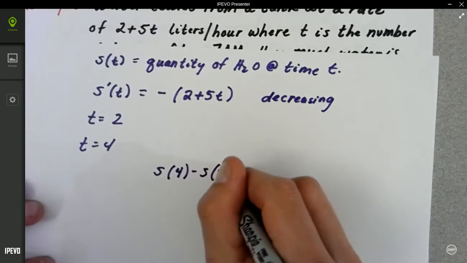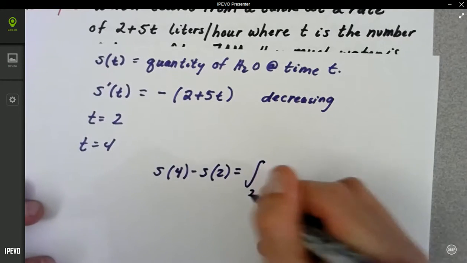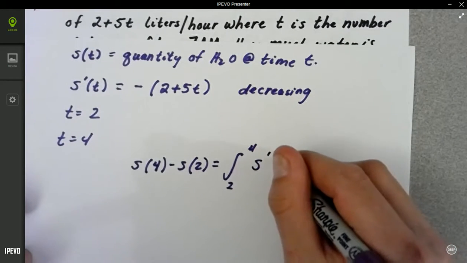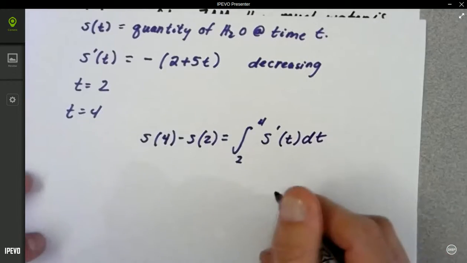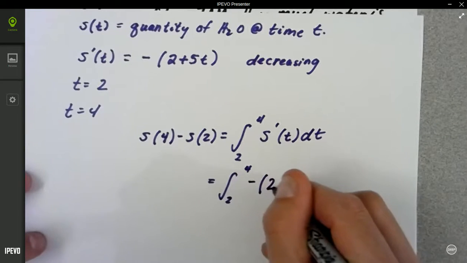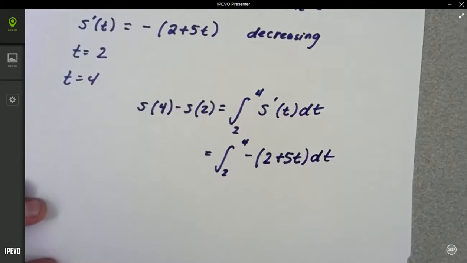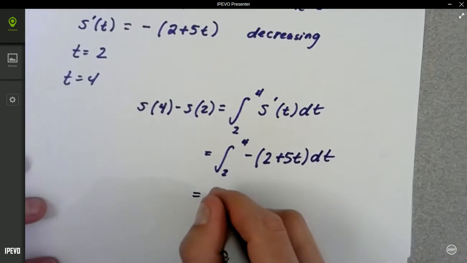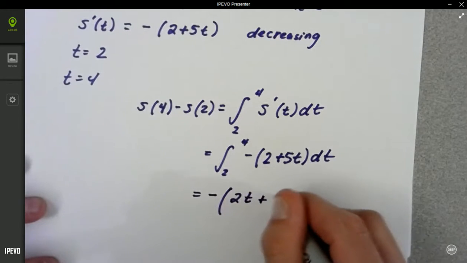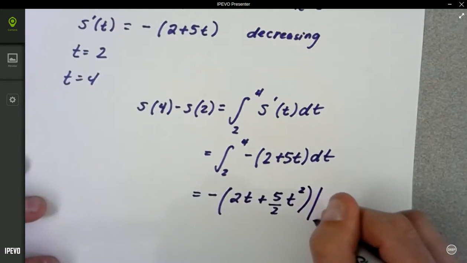So we're looking at s of 4 minus s of 2. The net change, how much water came out during that time, is equal to the integral from 2 to 4 of s prime of t dt, which equals the integral from 2 to 4 of negative (2 plus 5t) dt. When we bring the negative out front and take the integral, we have 2t plus 5 halves t squared, and we evaluate that from 2 to 4.